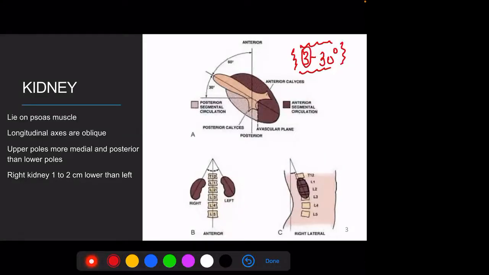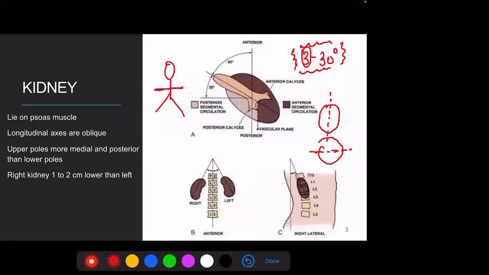When we see the CT scan of the patient, we take the sagittal section. Okay, this is a sagittal section, and this is a coronal section, and one is an axial section. Is it clear?